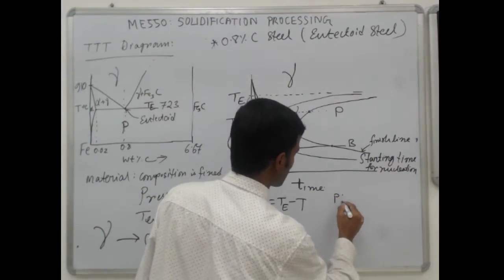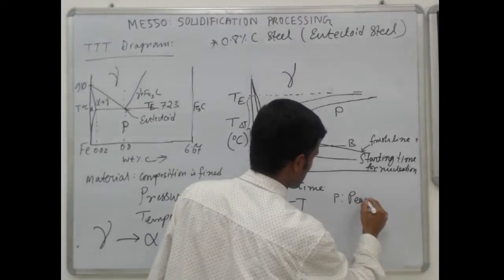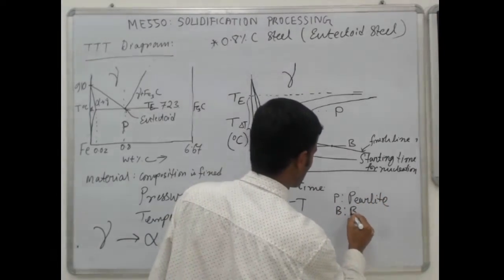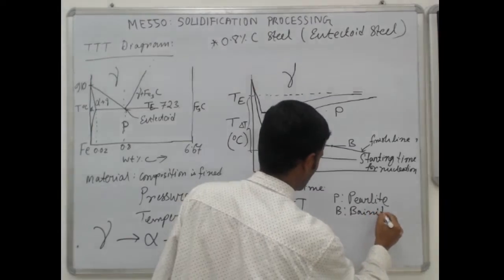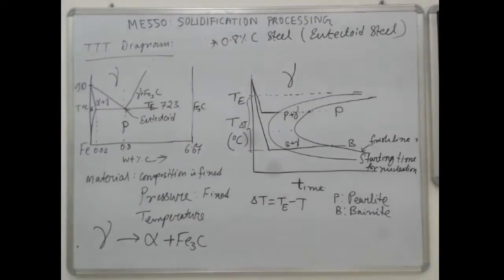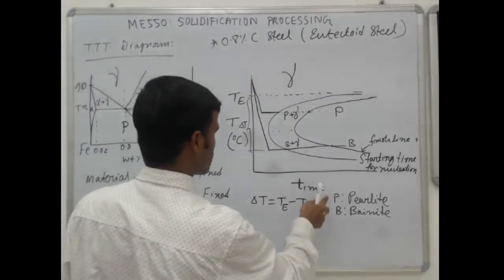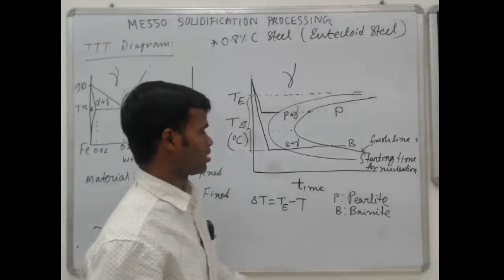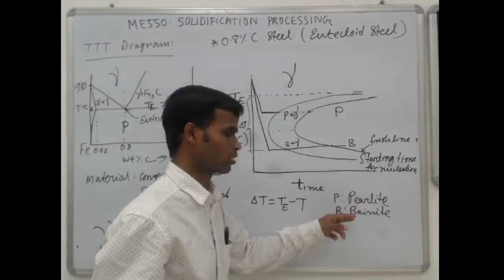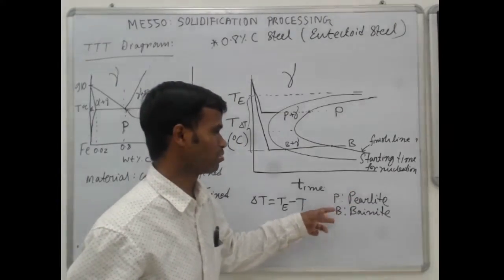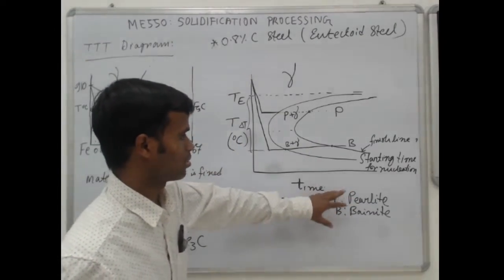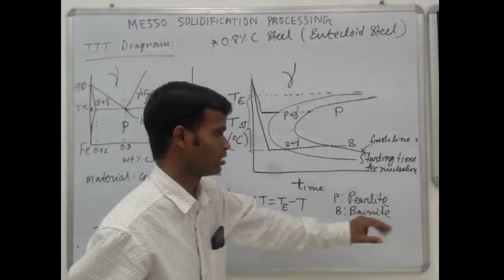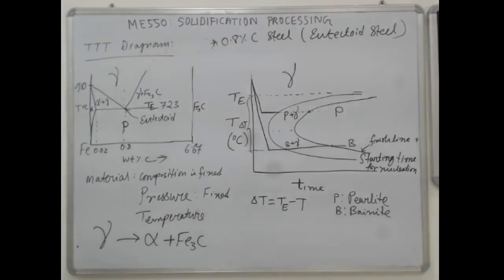So P is pearlite, B is bainite. Pearlite and bainite actually have the same composition, only the difference is in the morphology of the phases. That we will be discussing, what kind of morphology you get in case of pearlite and what kind of morphology you get in case of bainite.